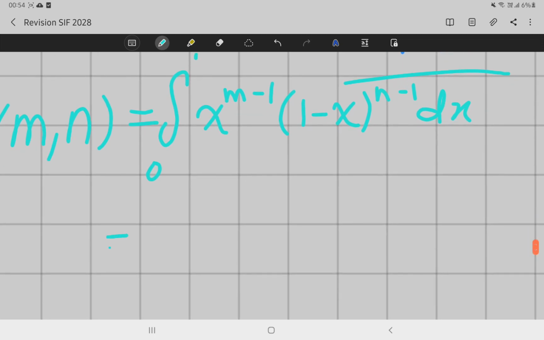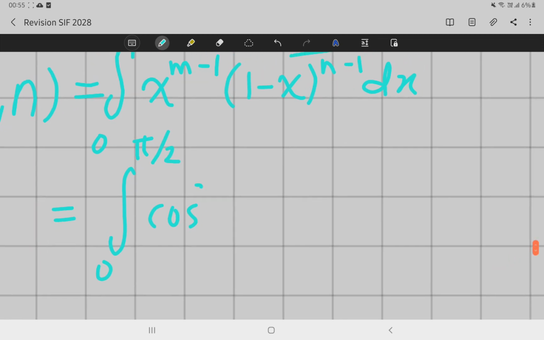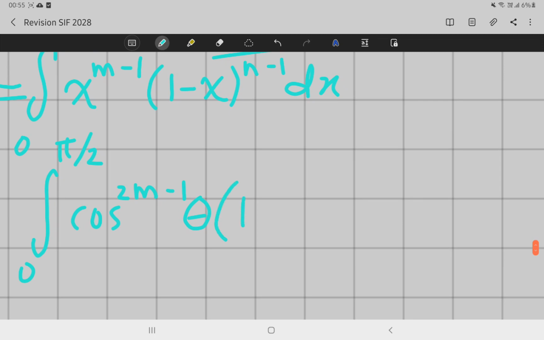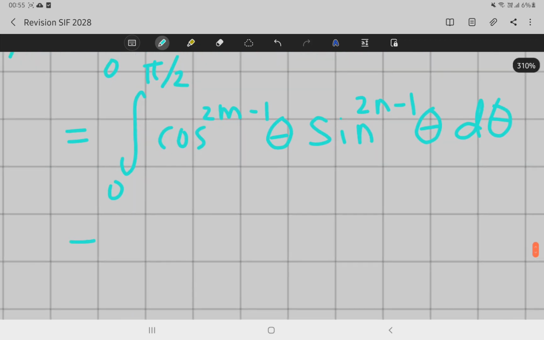Or the second formula is integration from 0 to pi over 2 of cosine to the power of 2m minus 1 theta, multiplied with sine to the power of 2n minus 1 theta d theta, and beta m, n is equal to beta n, m.